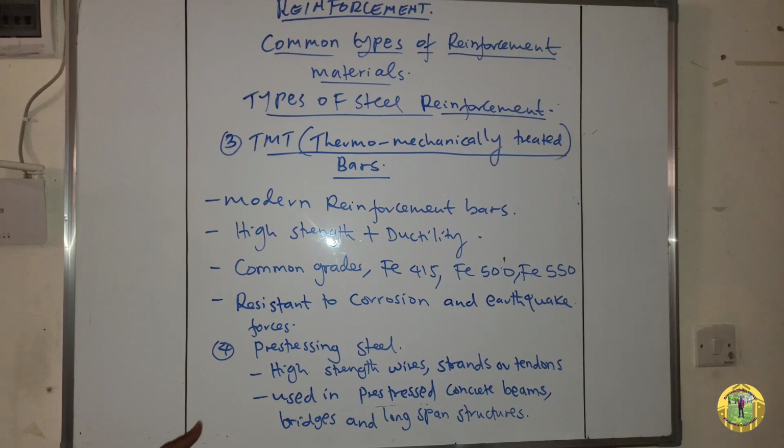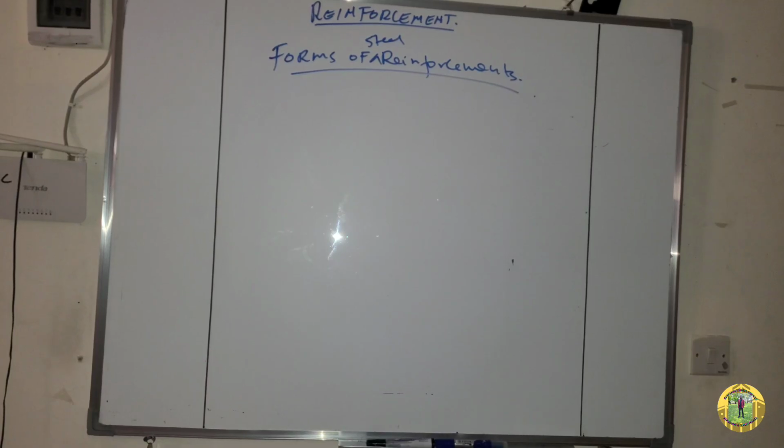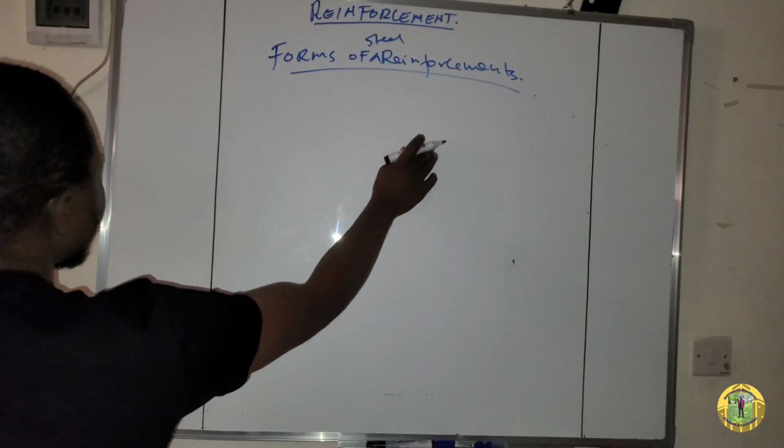You can learn more about this in concrete technology. Under pre-stressing steel, we have post-tensioning and pre-tensioning. You can learn more about this in concrete technology. So the last item to talk about is forms of steel reinforcement.